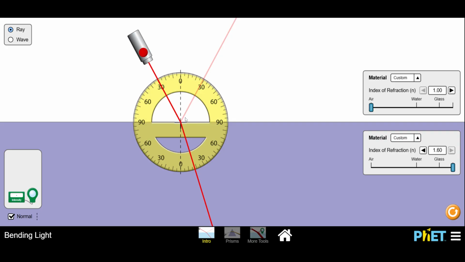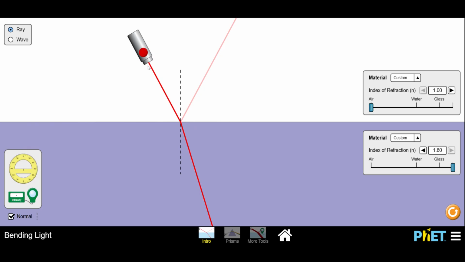We also see that some of the light has been reflected, and that's because the dramatic change between the first material and the second is a little difficult to overcome, and some of the energy at that interface doesn't quite make it into the material and it's reflected instead.